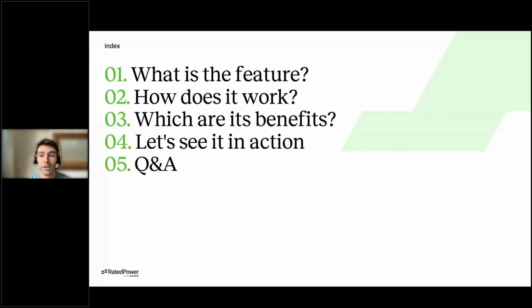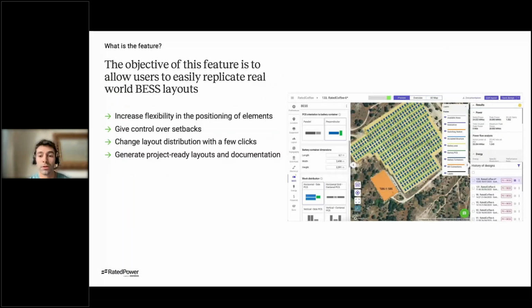So what is the feature about? The aim of this feature was to bring the user control over the layout. This way, we will allow users to replicate industry-proven or real-world battery layouts in a few clicks.